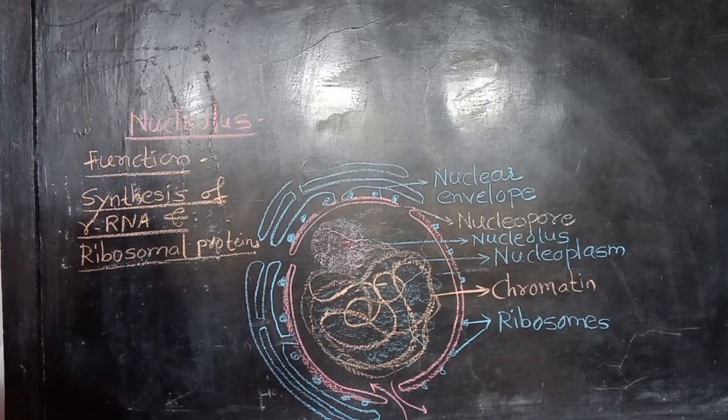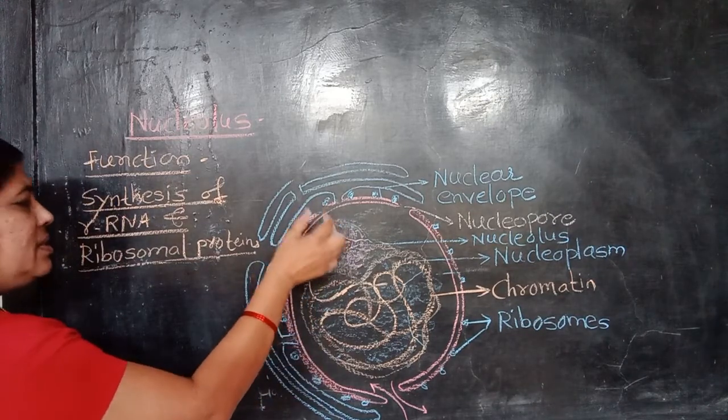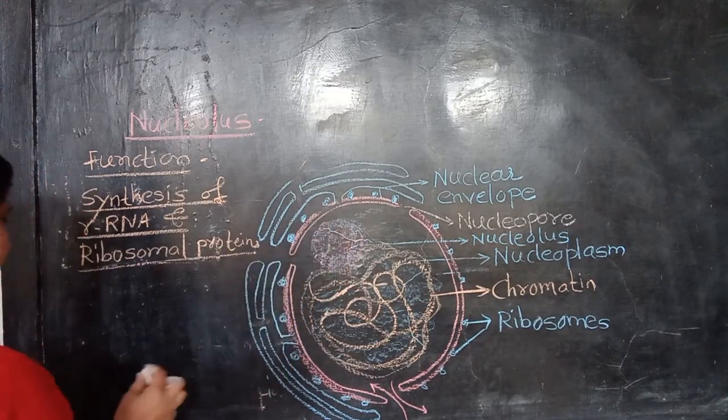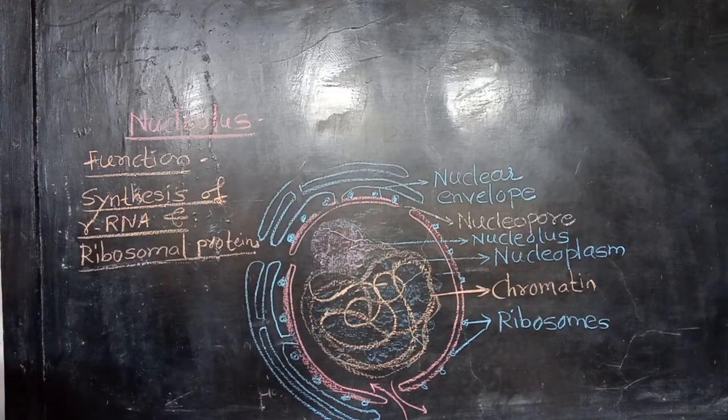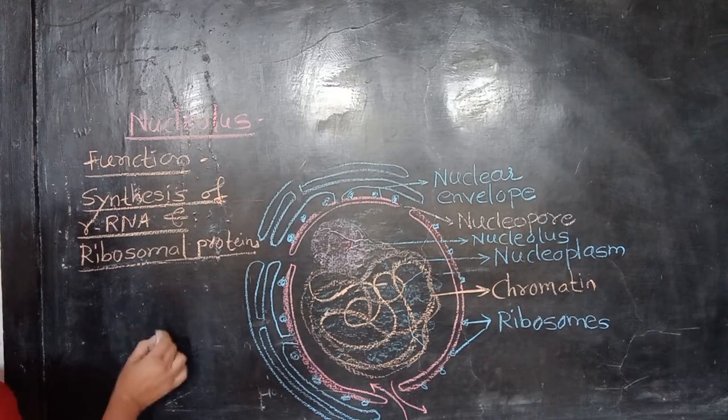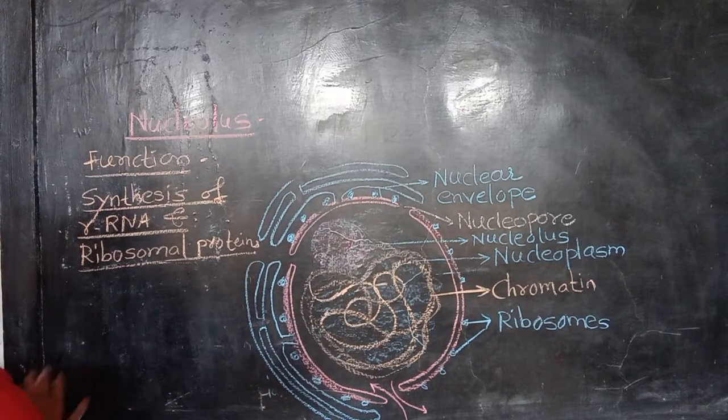So ribosomal RNA and ribosomal protein are synthesized inside the nucleolus, but they are synthesized differently.